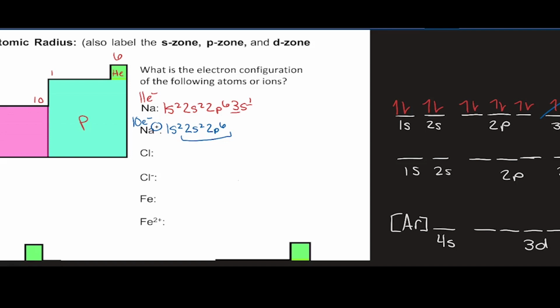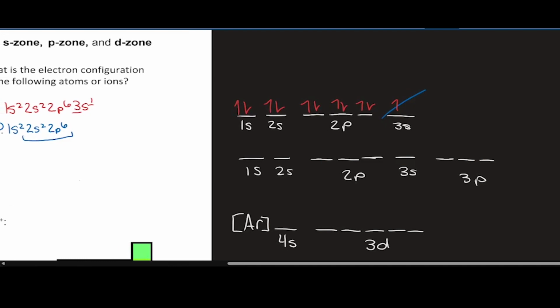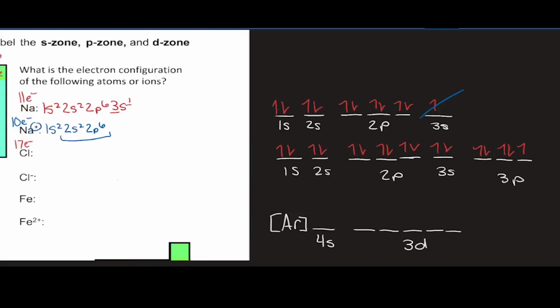Now why don't we look at chlorine? Chlorine is in the p block, so this indicates that its electron configuration should end in the p valence. It has 17 electrons, so similarly, we're just going to go through and fill them in: 1, 2, 3, 4, 5, 6, 7, 8, 9, 10, 11, 12, 13, 14, 15, 16, and 17.